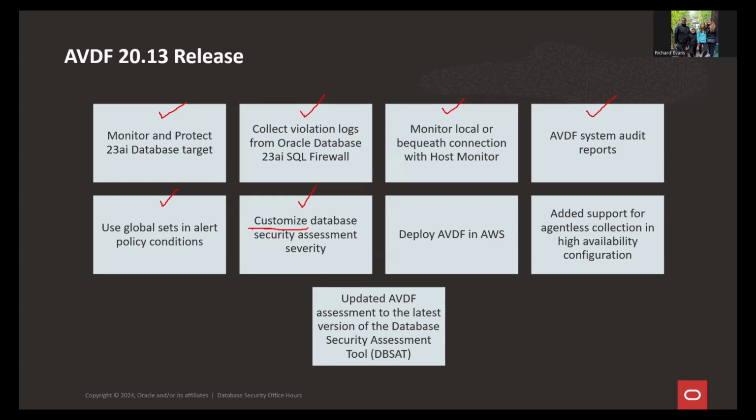So we are giving you the flexibility to customize your baseline, in the sense that you can lower the severity, or you can even have an exception for that particular risk. So moving forward, whatever assessment you run will take that into account and give you the drift report based on that.